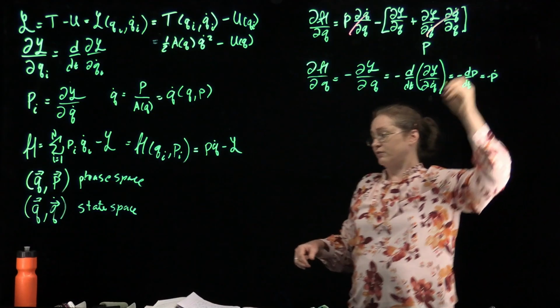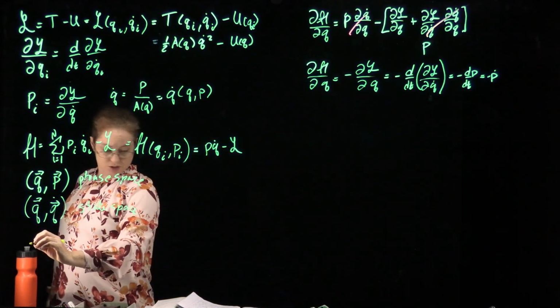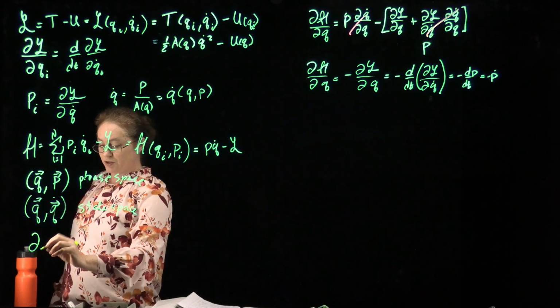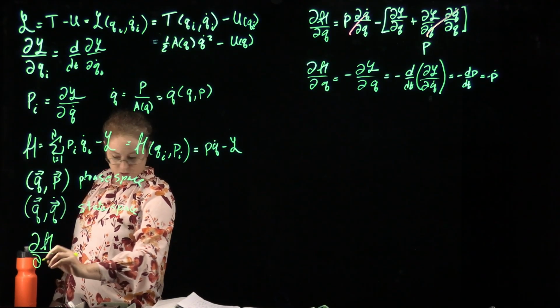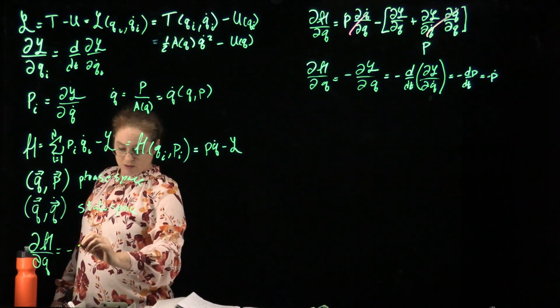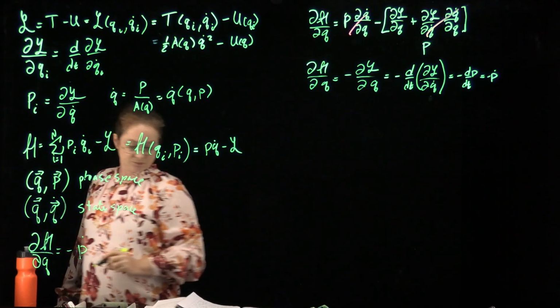And our first equation is then partial H partial q equals negative ṗ.